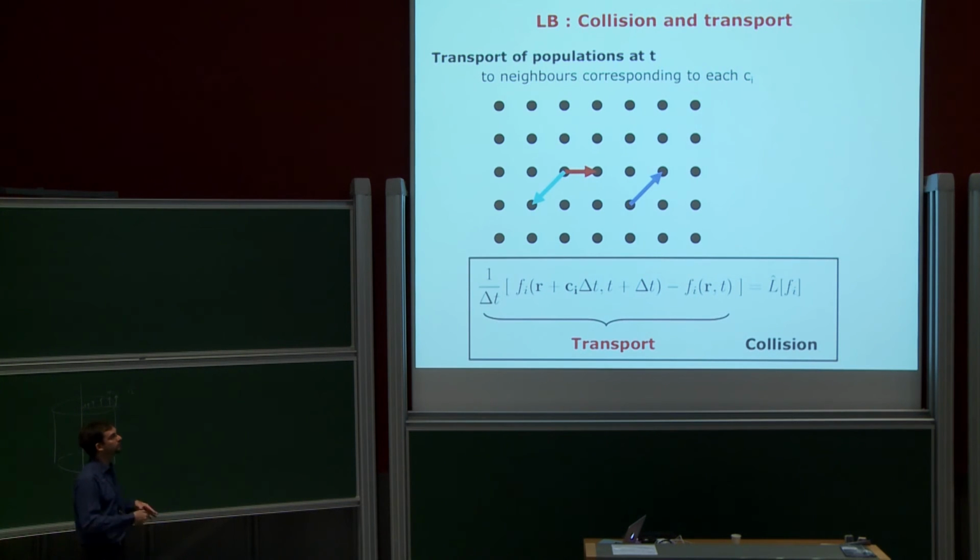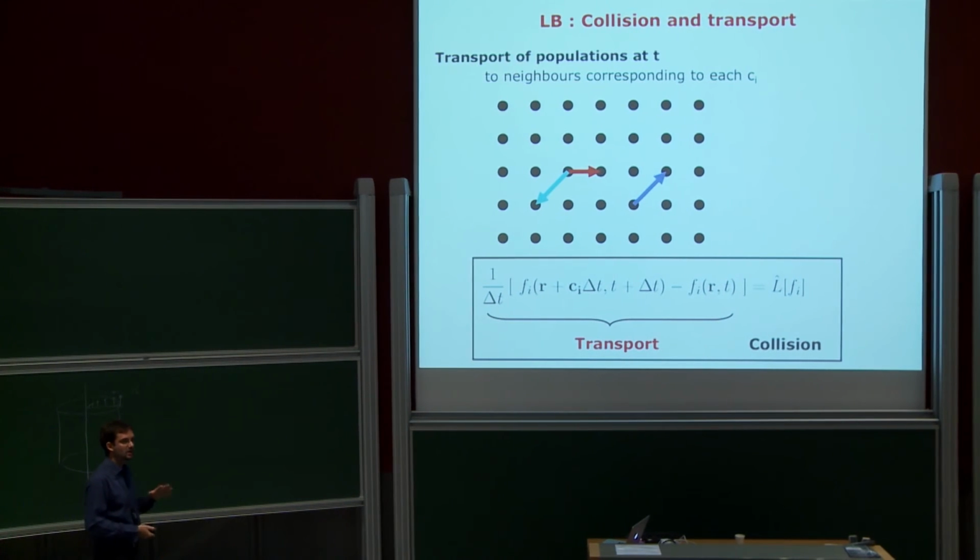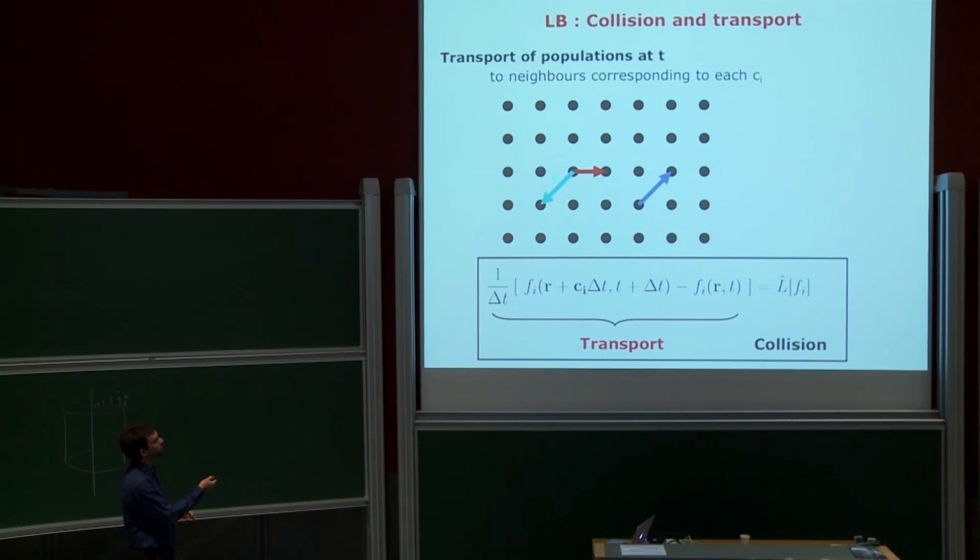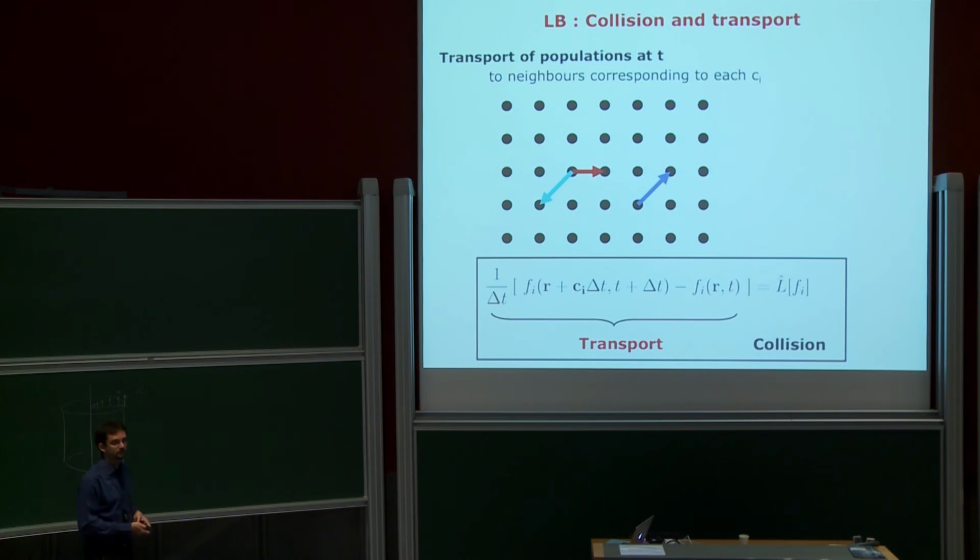So this schematic here is useful in terms of thinking at what you're doing to the numbers, but you don't have explicit particles living on a lattice. You have numbers that correspond to the probability of being somewhere with a given velocity. Does that answer your question?